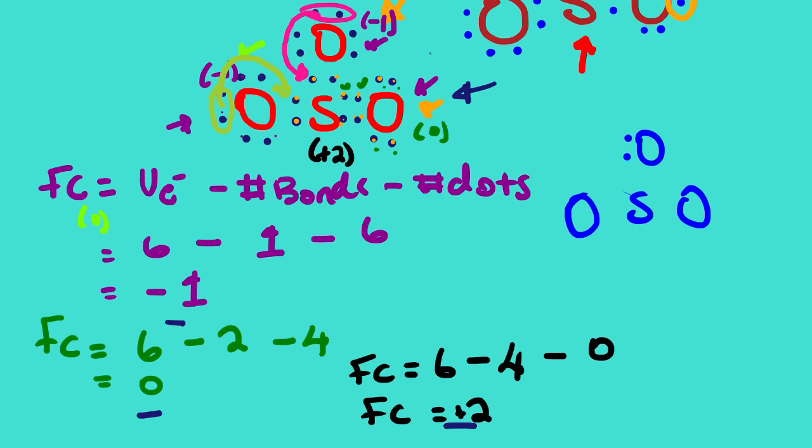We have 1, 2, 3, up to 24 electrons. So we actually have double bonds.